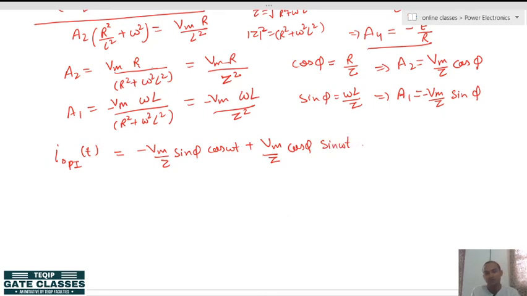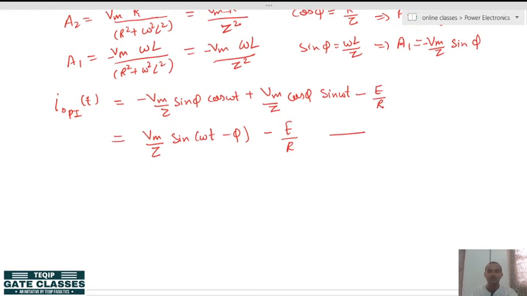A3 was 0 and A4 was minus E by R. Or in other terms we can write, here we can see it's sin omega t cos phi minus cos omega t sin phi. So it's sin omega t minus phi, or we can write it as Vm upon z sin omega t minus phi minus E by R. So now we have got this particular integral solution also, and we have got a complementary function also.